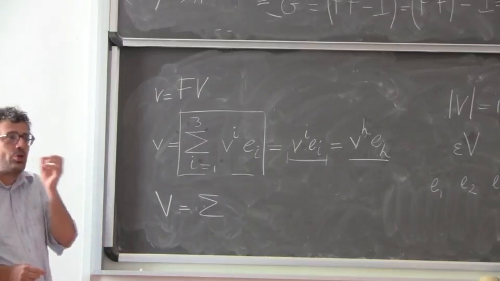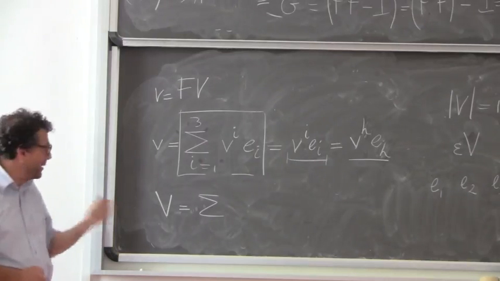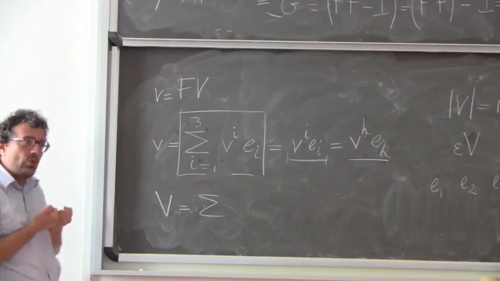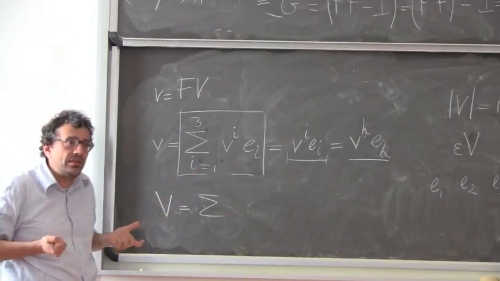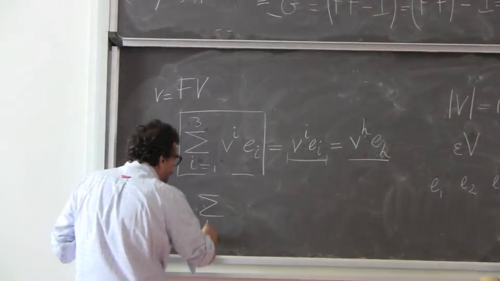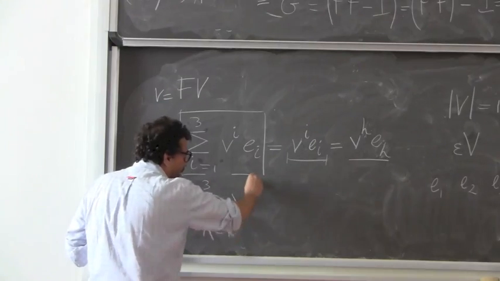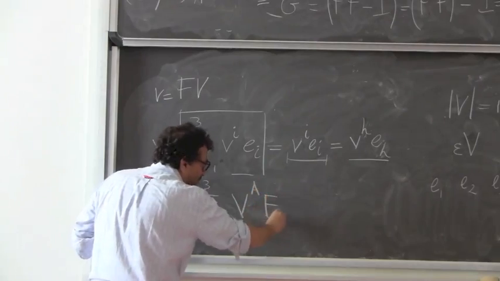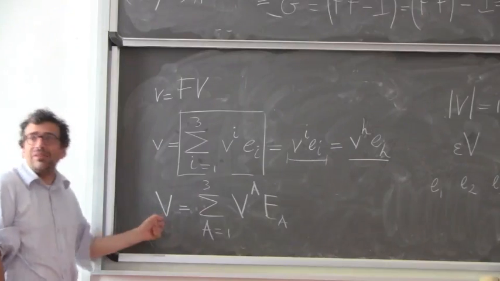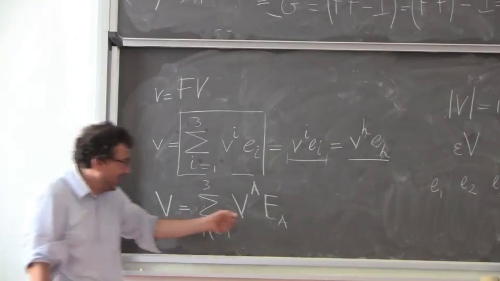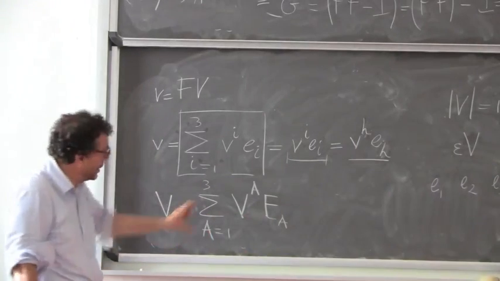Then we prefer to change the class of indices. Everything is capital. So instead of using small indices, we introduce capital indices: A from 1 to 3 of capital V^A, capital E_A. So we represent every material vector as a linear combination of the basis of material vectors, capital E.